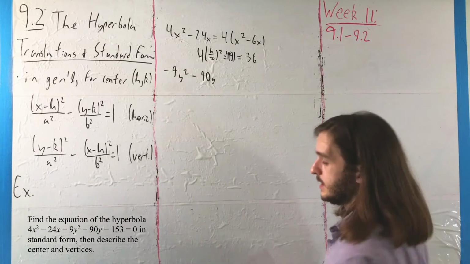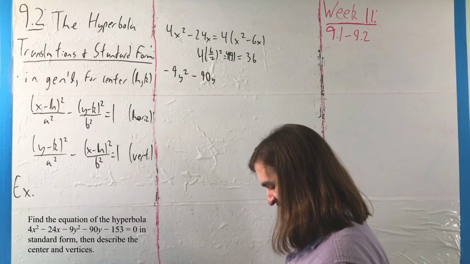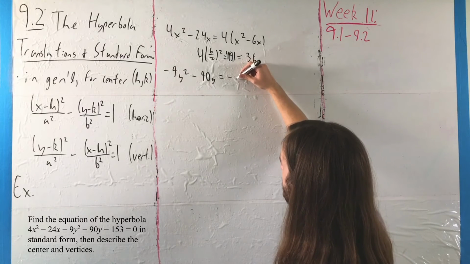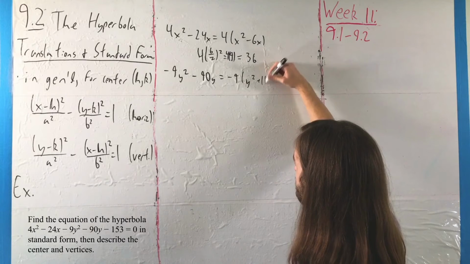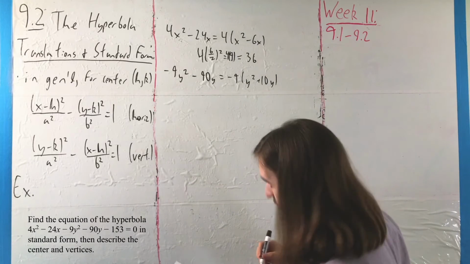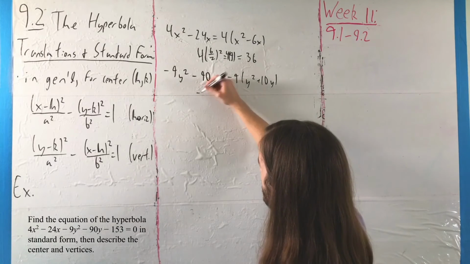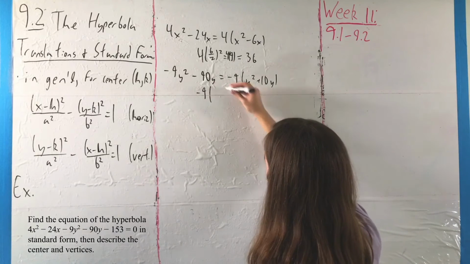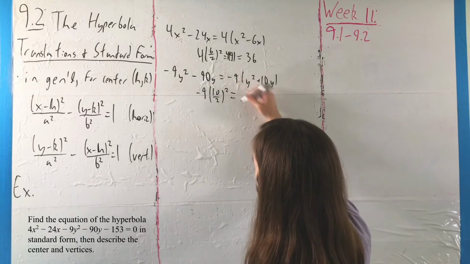And then similarly on the other term, well, it's not very pretty, but we can factor out a negative 9, and that'll leave us with y squared plus 10y. It's not perfect, but it is better. And we can do the same sort of thing there, where remembering that we're going to be doing something with a negative 9, because that negative 9's hanging around, we'll take the 10 term there, divide out 2 from that, and square it.